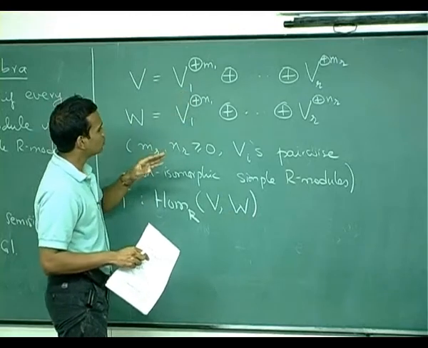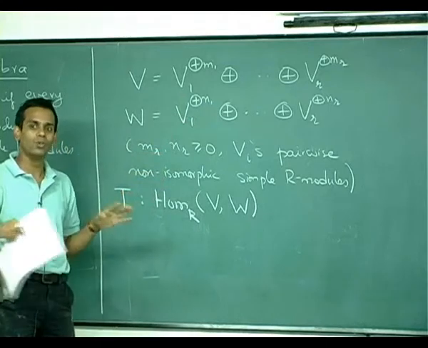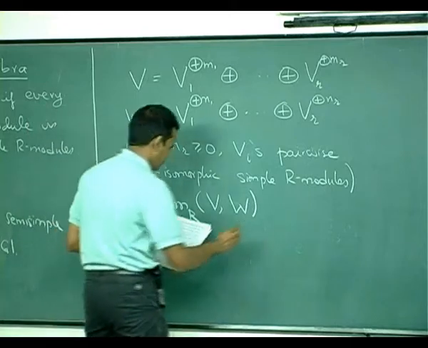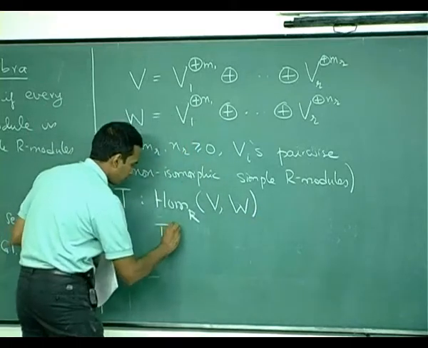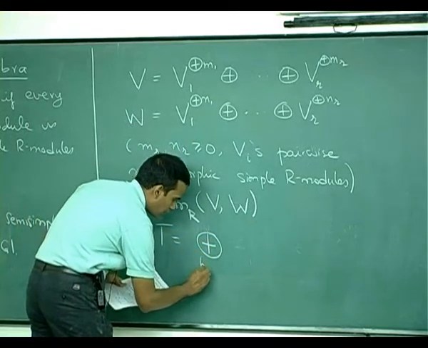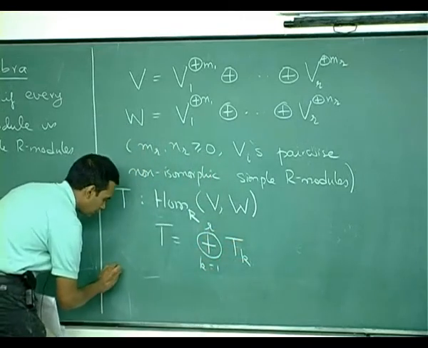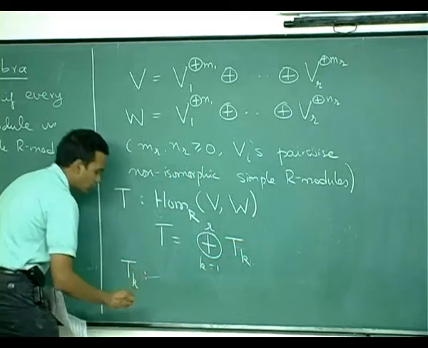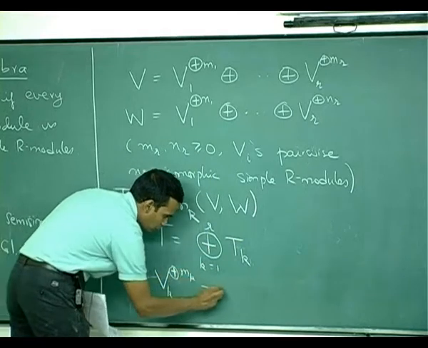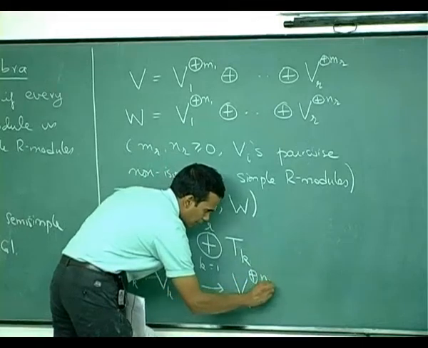And because Schur's lemma tells us that either two simples are isomorphic or there are no homomorphisms between them, I can write T as the sum over k from 1 to R of Tk, where Tk is just from Vk direct sum Mk to Vk direct sum Nk.